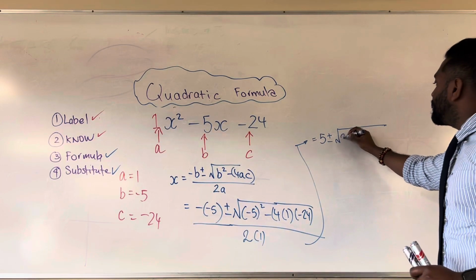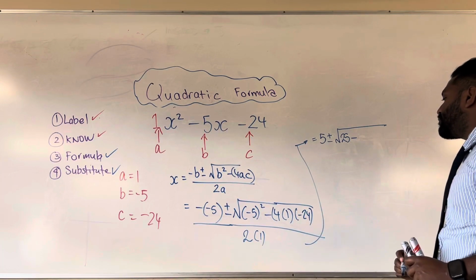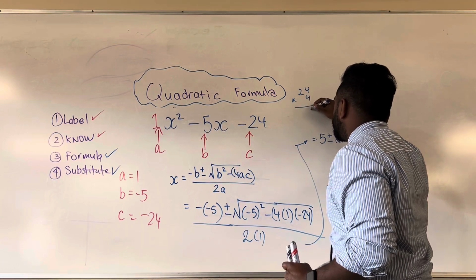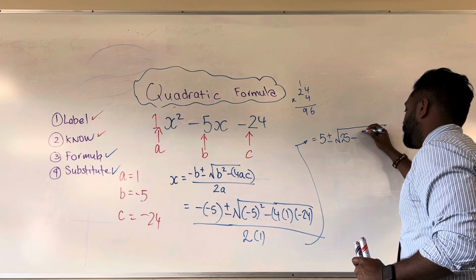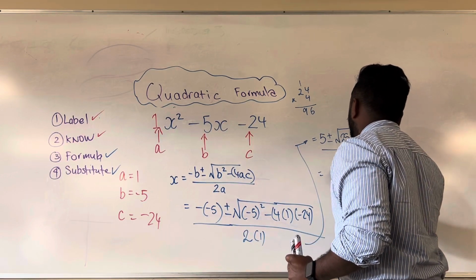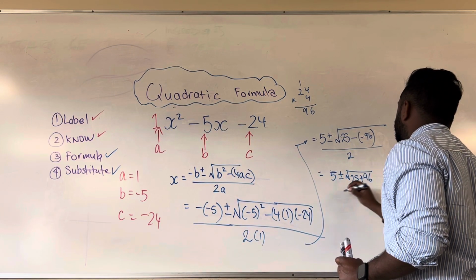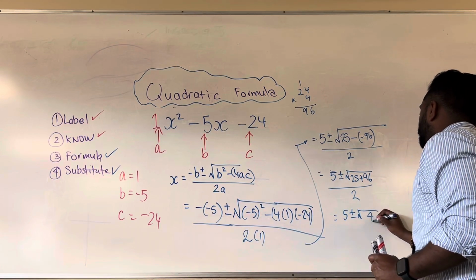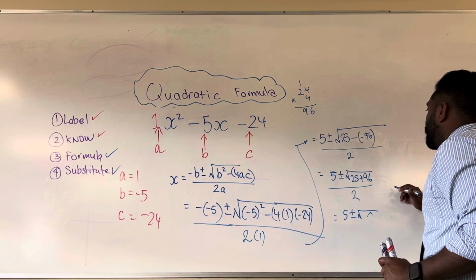Okay? B squared, 25. Minus. So let's solve this. 4 times -24, obviously you could use a calculator for this. 16, carry the 1, 96. So it's going to be minus -96, over 2. 5 plus or minus the square root of 25 plus 96.